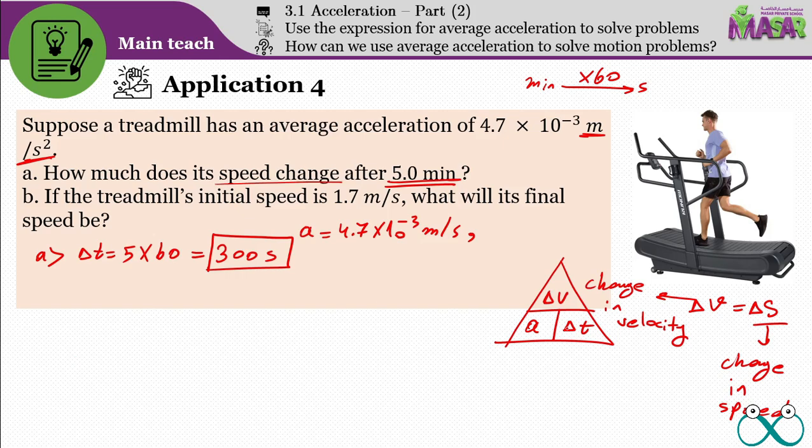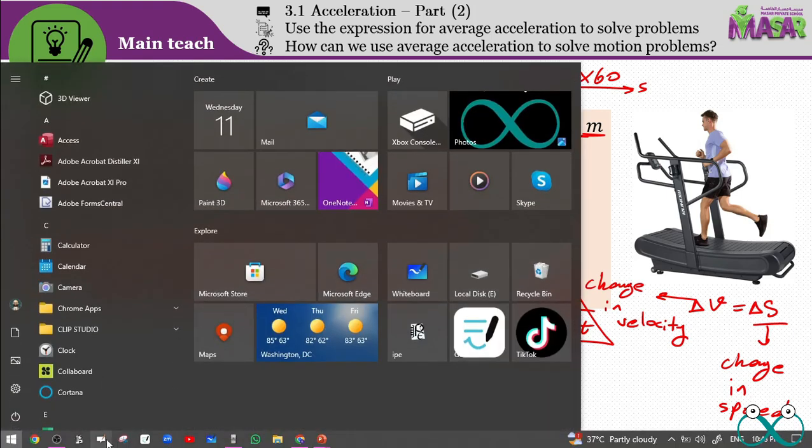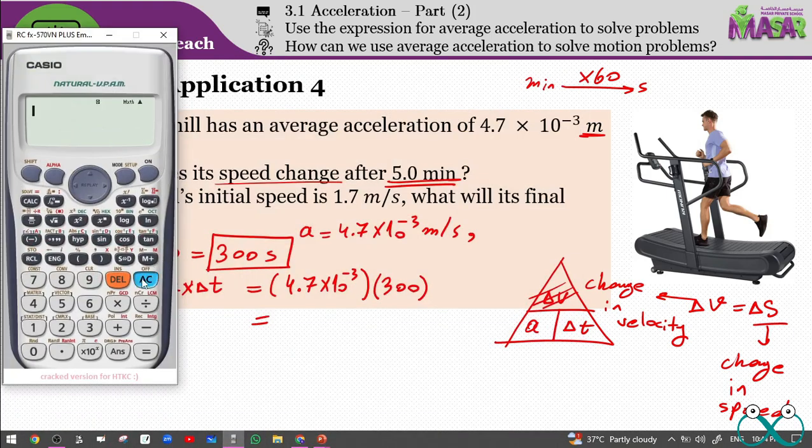Now let's hide the delta V in order to find it. A times delta T, which is equal to, the acceleration is 4.7 times 10 to the power minus 3. The delta T is given by 300 seconds. As a result, let's plug the values into the calculator.